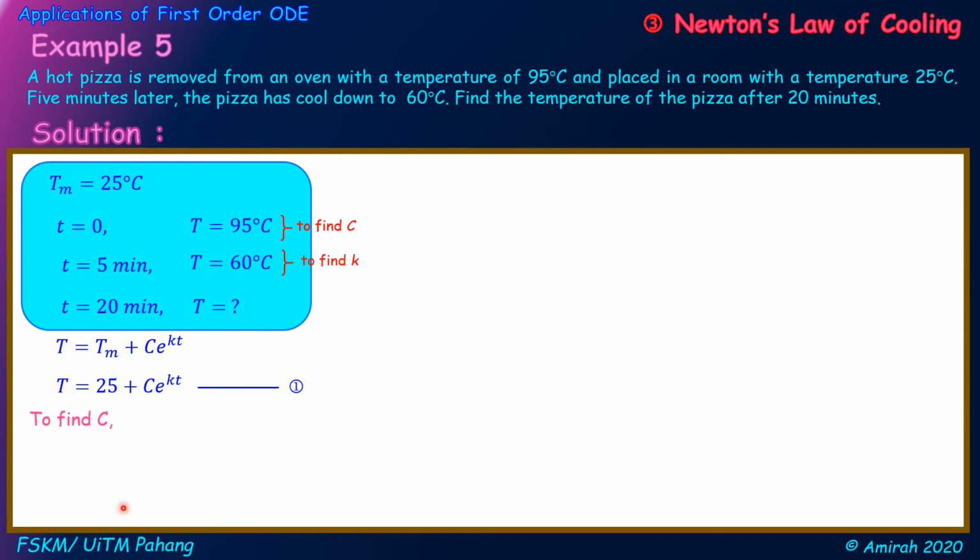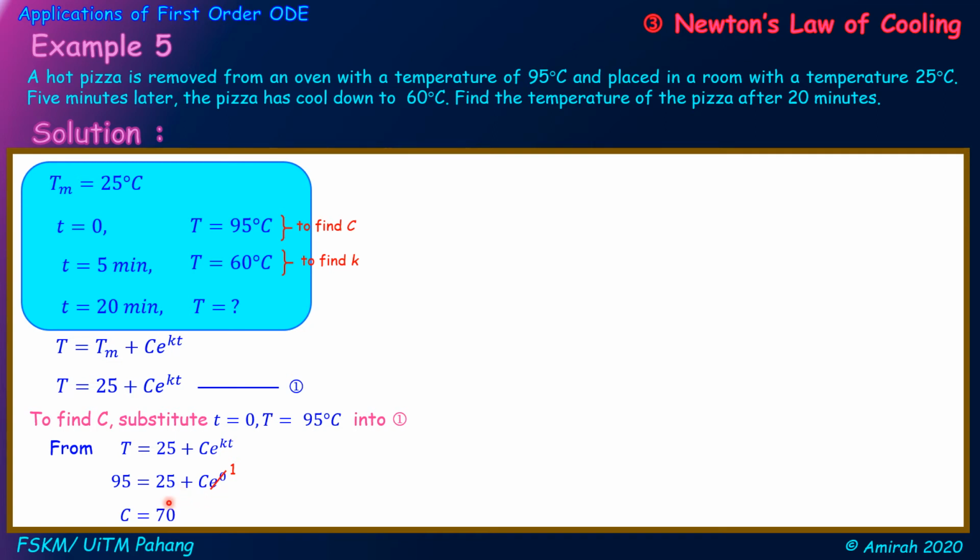Alright? So now, to find c, we substitute t equals 0, temperature equals 95 degrees Celsius into equation 1. Okay, then we can simplify e to the power of 0 equals 1.